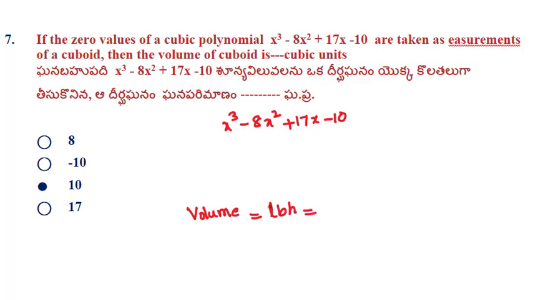So here L, B, H are the zeros of the cubic polynomial. So LBH means the product of zeros. Product of zeros, we know the formula, is minus d by a. Here d is minus 10, so minus of minus 10, and a equals 1, so the answer is 10.